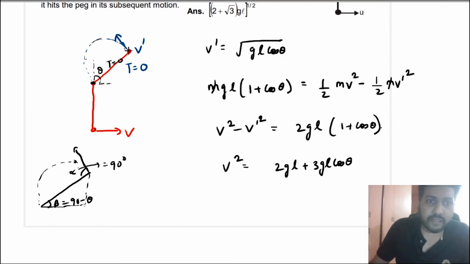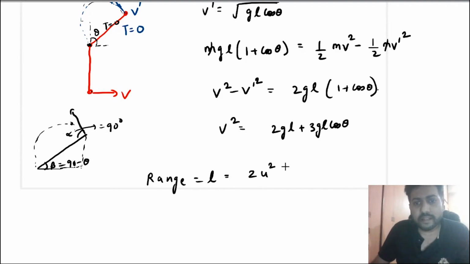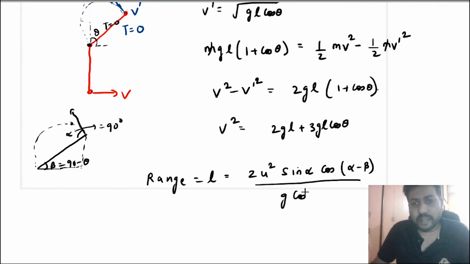Now if the particle reaches this peg itself, then the range on this incline is L. So you can write range that is equal to L is given by 2u square sine alpha cos alpha minus beta divided by g cos square beta.